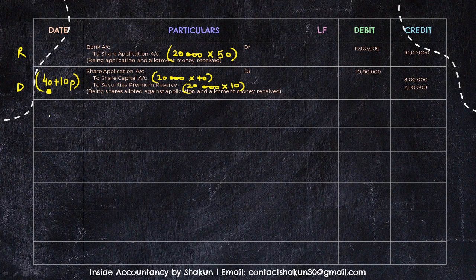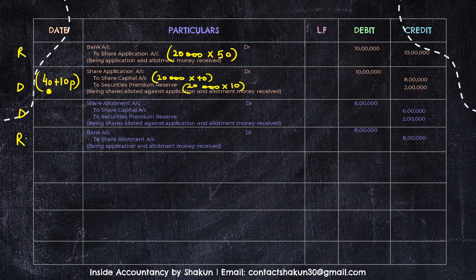Now we come to the allotment stage. First we'll pass the due entry and then the receiving entry, because on allotment also we have premium. So again premium will be credited in the due entry for allotment. How can we calculate the amounts here? Again, number of shares are 20,000 into, now what was the rate of allotment? It was given to us that on allotment 40 including 10 premium, so that is 30 plus 10 premium, total is 40.